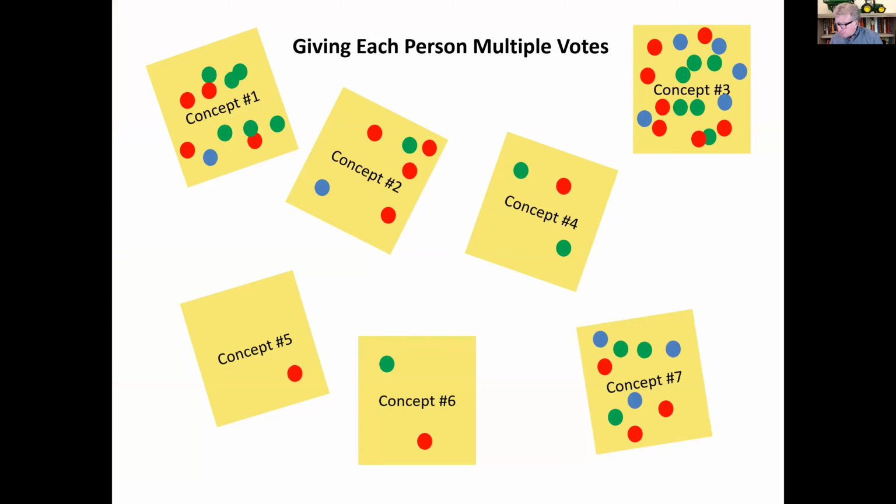Another possible approach, when you've got multiple things from which you're trying to make a decision, is to give every person multiple votes. And we often see this happening in business conferences where maybe there's 5 or 6 or 7 different concepts, and you're going to tell everybody, we're going to give you 5 sticky dots, and we've got posters around the room that spell out our different concepts.